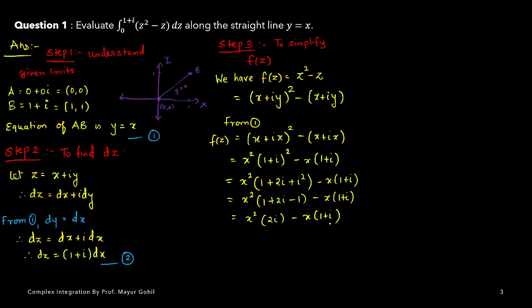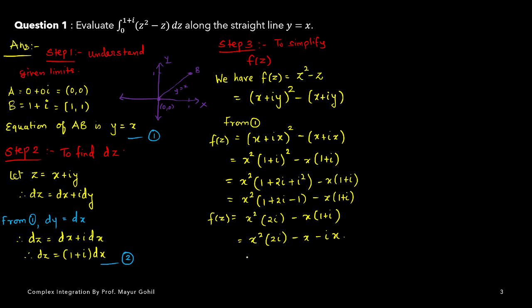Alright, so this is what we get. Now you can simplify it further if you want, to collect the real part and imaginary part as the formula was suggesting. Let's do that. So I'll collect the real part and the imaginary part over here. So x square into 2i minus x minus i times x.